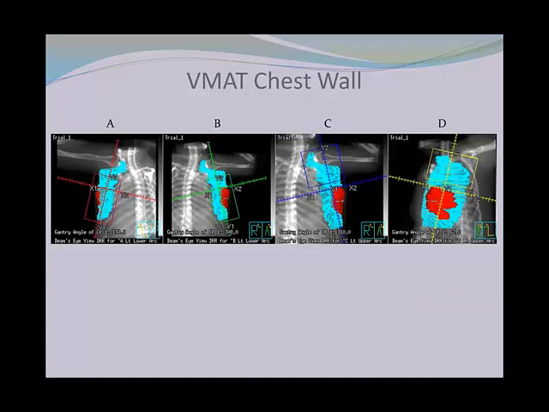So I changed field D to an anterior arc, and I used 18 MV on that field, and that helped the posterior coverage that I needed for the portion where the supraclav is for this patient.